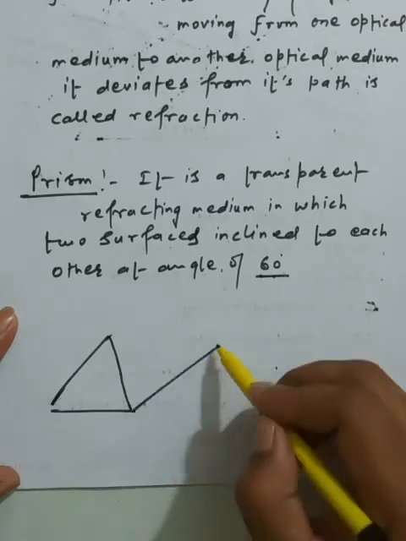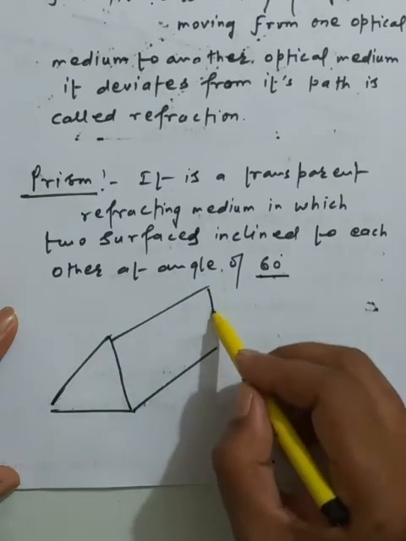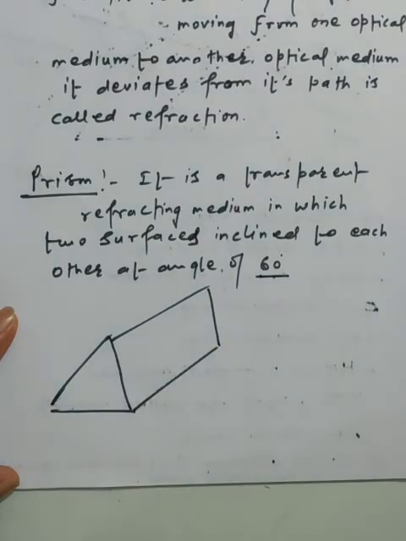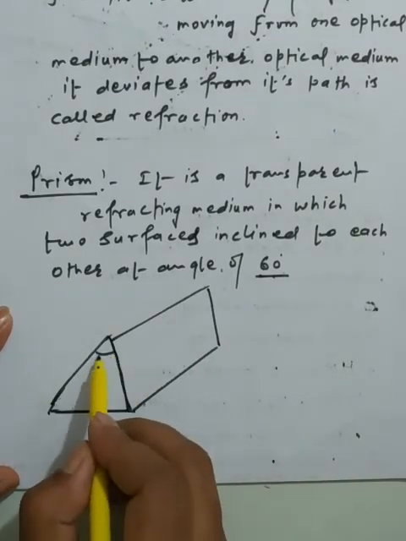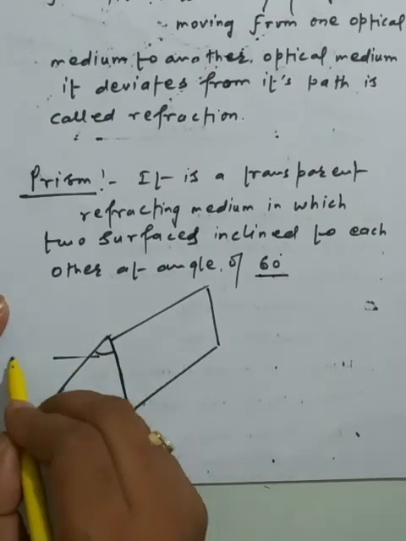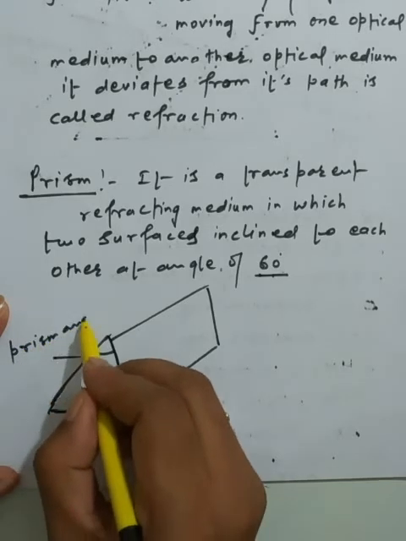Whenever you are taking the diagram inside your copy, you must use a pencil. Now this is the 3D dimension of the prism. This is the angle that is called the prism angle, or angle of prism.